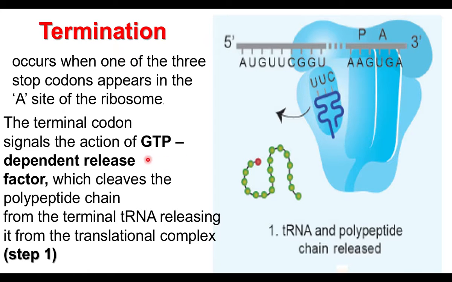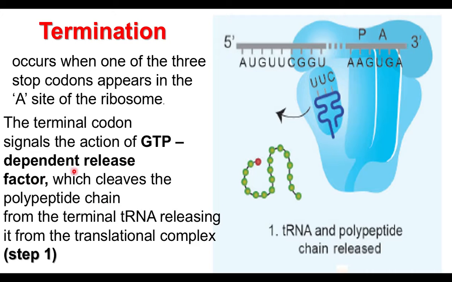It is called the GTP dependent release factor. This release factor needs GTP energy. For the working of the release factor, the signal is given by the stop codon. When the stop codon appears on the A site of the ribosome, it gives signal for the working of the release factor.